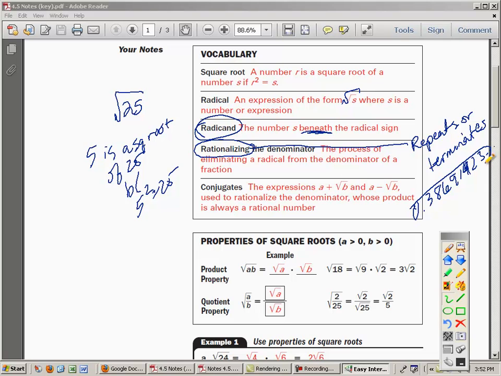We get irrational numbers a lot from square roots. For example, take the square root of 6 in your calculator right now. It doesn't come out to a pretty number. That's an irrational number. So when I'm trying to rationalize the denominator, I'm trying to get rid of any radicals from the denominator, or the bottom of a fraction.